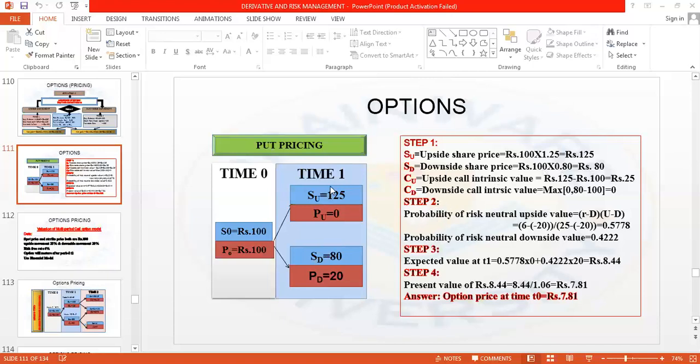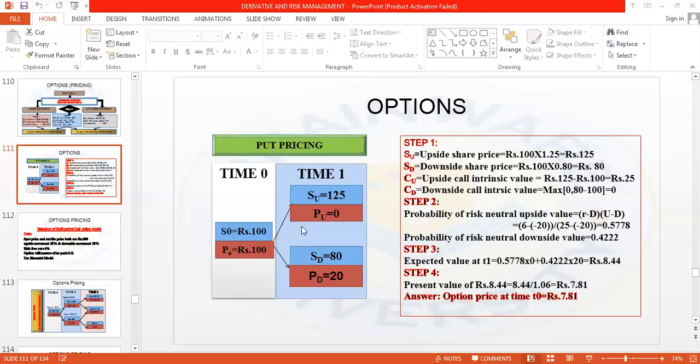On the basis of this price movement of the underlying share, we are now calculating the intrinsic value of the put option. Put option is the right to sell. So after time 1, I can sell the asset at rupees 100. Now see what happens when there is upside movement. Now in the market, the share is available at 125.